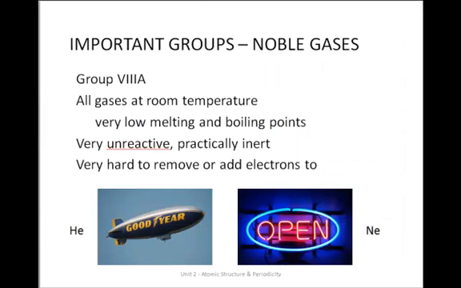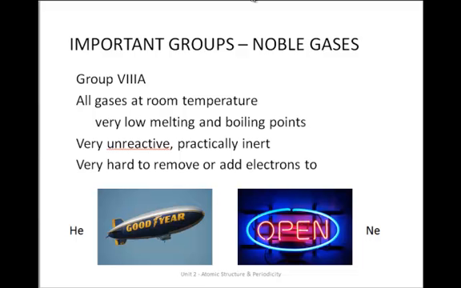Okay, so the last group that we are going to discuss would be the noble gases, and they're on the far right side of the periodic table of the elements. They're in group 18, or group 8A, as we said. All of the elements are gases at room temperature.